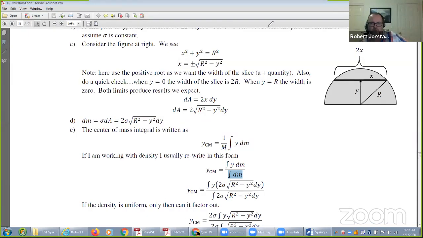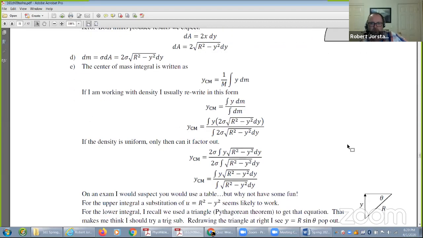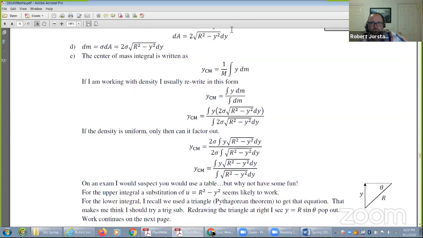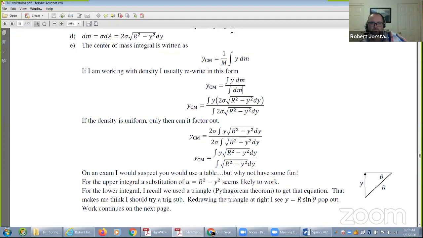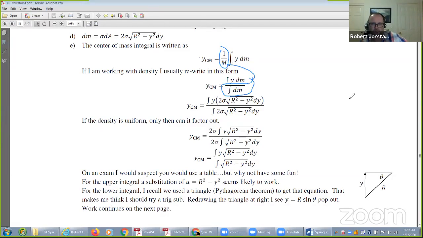Actually, I'm going to scroll up first. So this 1 over mass becomes this. That's where that came from. And in this case, if it has uniform density, you just plug it in. You don't know what it is.